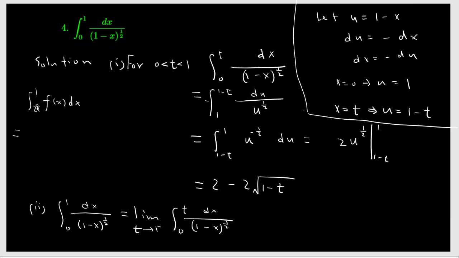If you don't feel comfortable seeing the lower limit 2 greater than 1, you can do something to fix it. There's a relation between the integral of any function from 2 to 1 and the integral of the same function from 1 to 2. The first integral is the opposite of the second integral. I did that here because 1 minus t is less than 1.